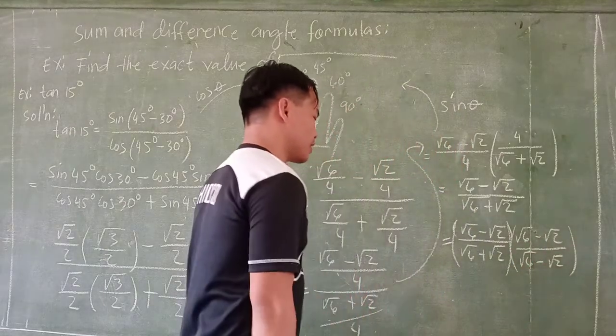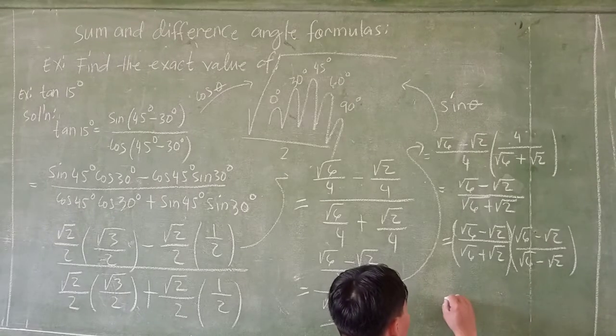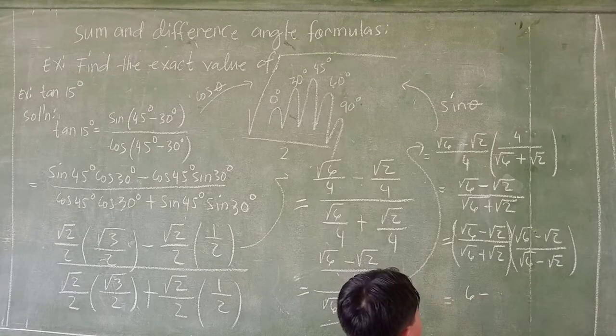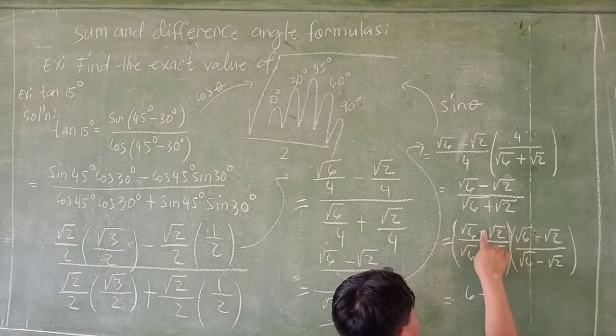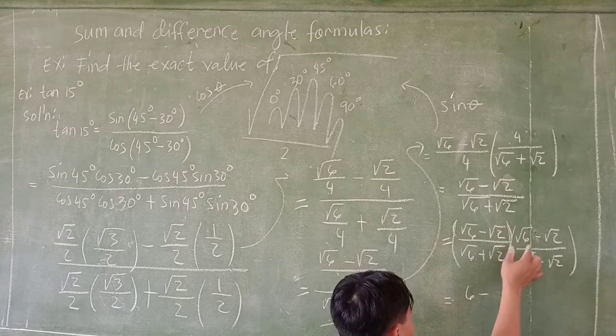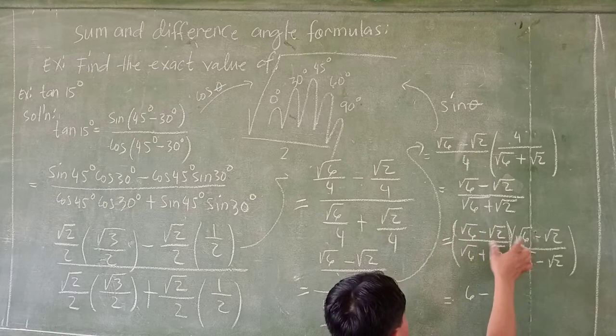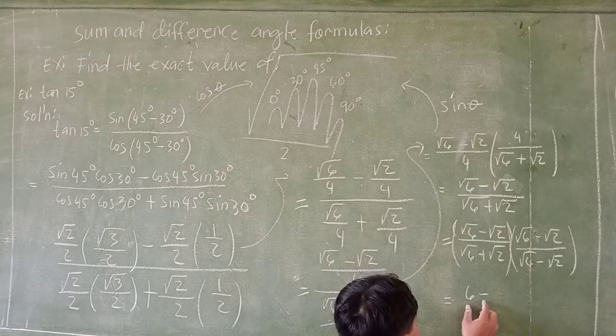And simplify. So that is just equal to 6 minus, I will illustrate later on how to multiply this one.